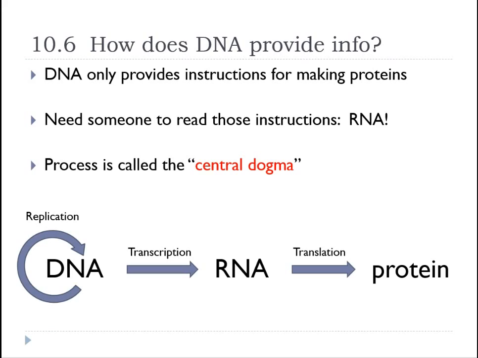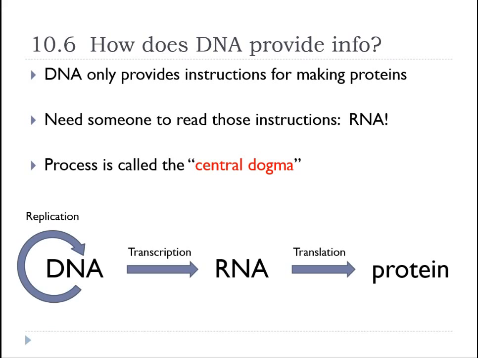Now, RNA is single-stranded, and it's allowed to leave the cell. So it's allowed to go from the nucleus to the rough ER. So it just goes to the other side of the nucleus. And then from there, that RNA becomes a template. And that template is how we can make a protein, and that's called translation.